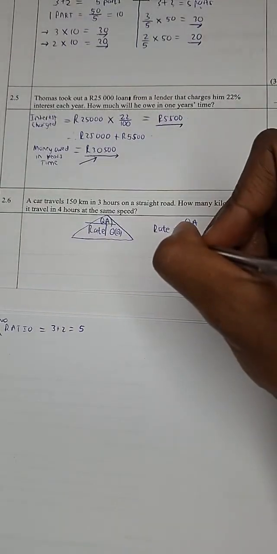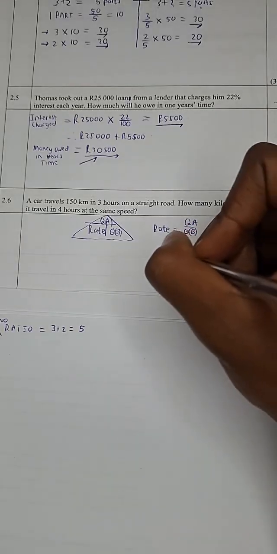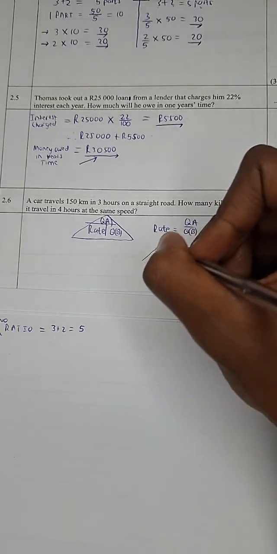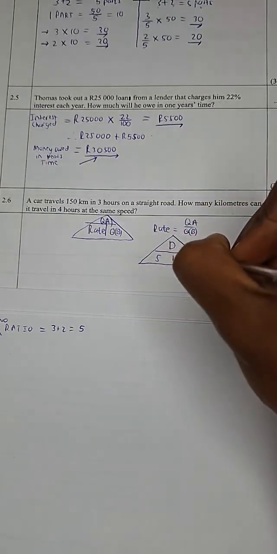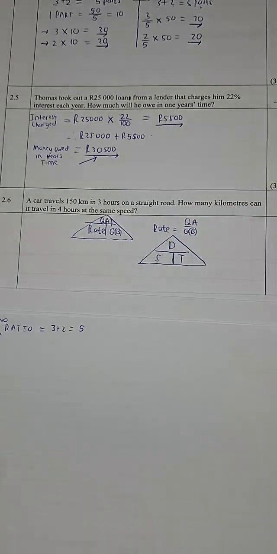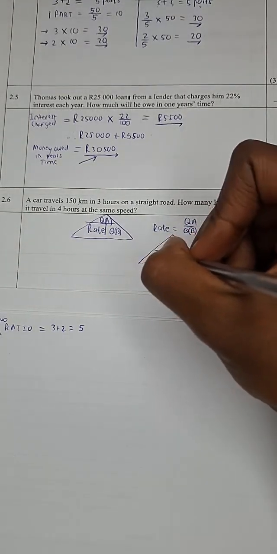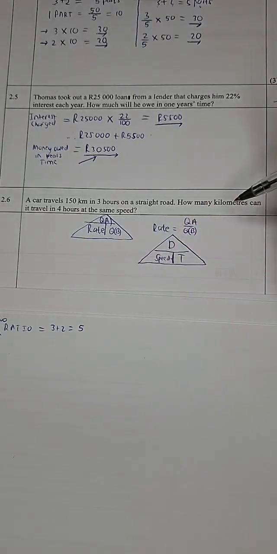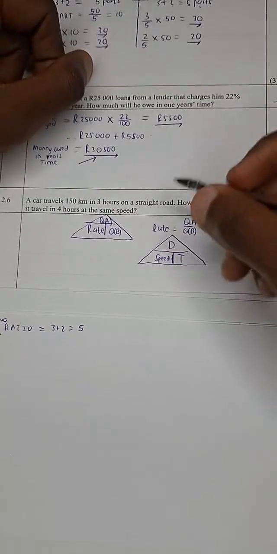So distance, speed, and time are different quantities, right? It is the speed which we regard as a rate. Speed is regarded as a rate.